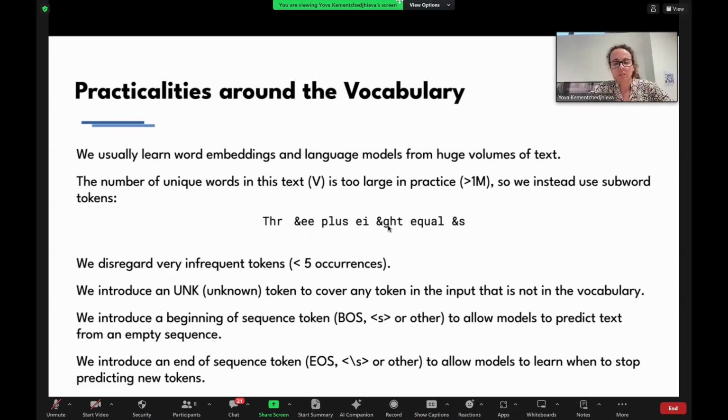Similarly, for each of these tokens, we are basically compressing. This is actually called byte-pair encoding. It's a compression algorithm that reduces the vocabulary that we have to work with. And now each of these subword units is represented by a vector.